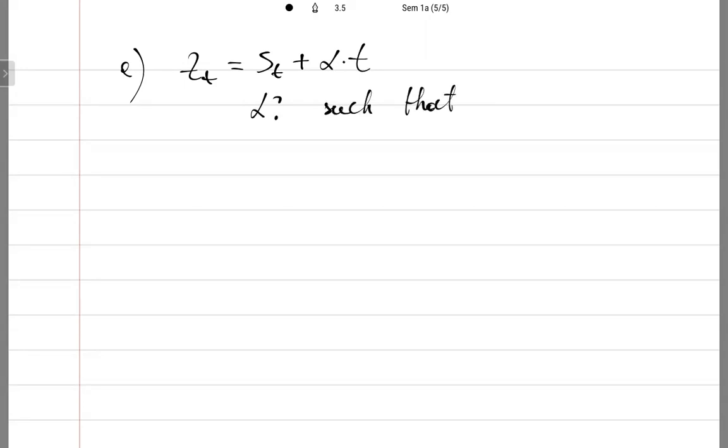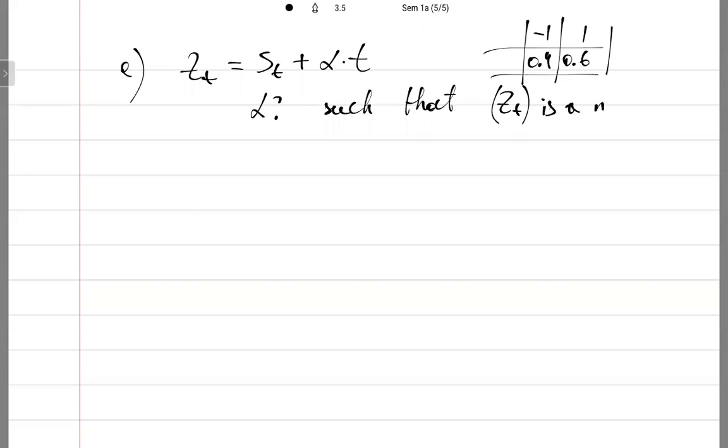I go back to the original probabilities, 0.4 and 0.6. We have tried to change probabilities and obtain martingales. Now the other way: we apply a transformation such that ZT is a martingale. So first, find alpha.